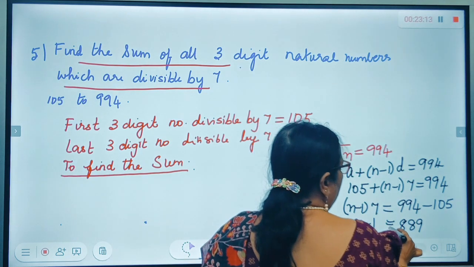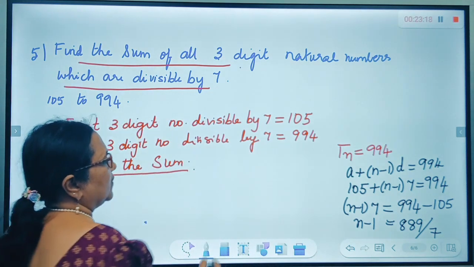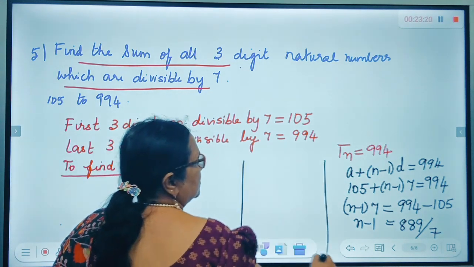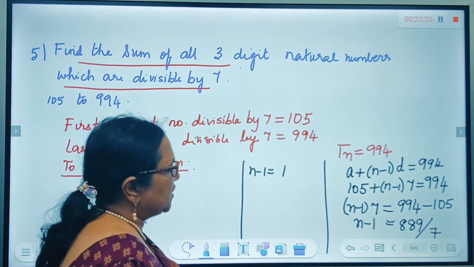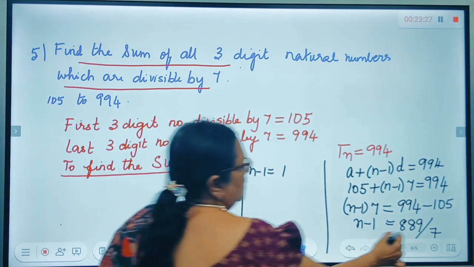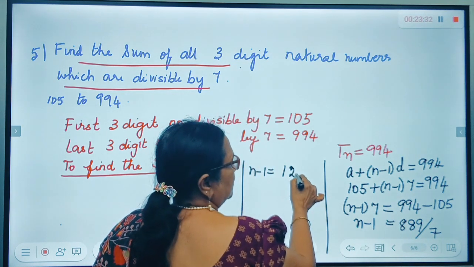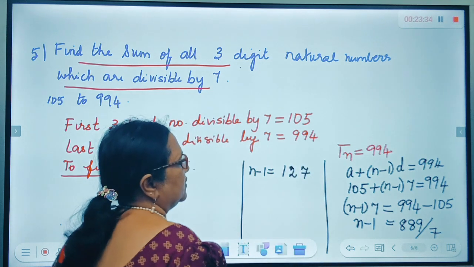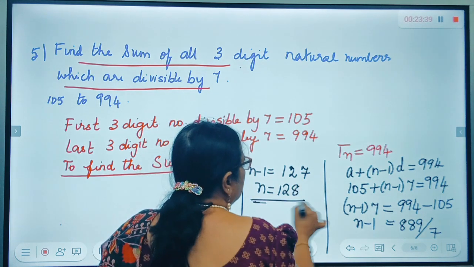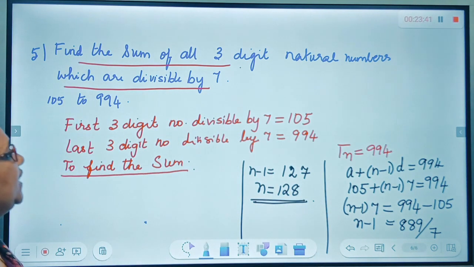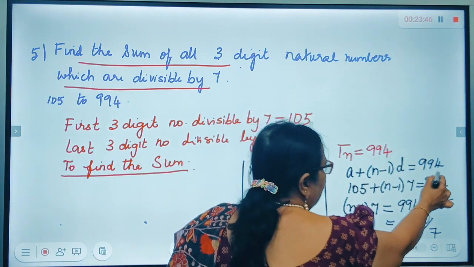So n minus 1 will be 889 by 7, which means n minus 1 equal to, is it divisible by 7? 7 goes in 8, 1. 127. Therefore, n equal to 128. So, how many such numbers exist? 128 numbers exist.